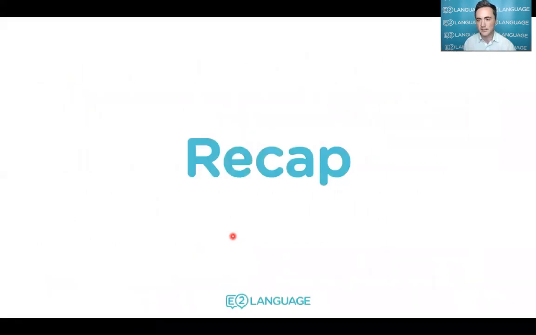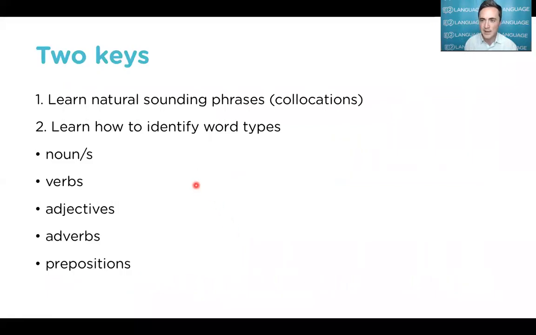Cool, let's just quickly recap before we go to Q&A. So 2 keys to this task, and they're big keys because they also impact other aspects of language. You need to learn natural sounding phrases, collocations. And how do you learn them? Well, you need to start reading.